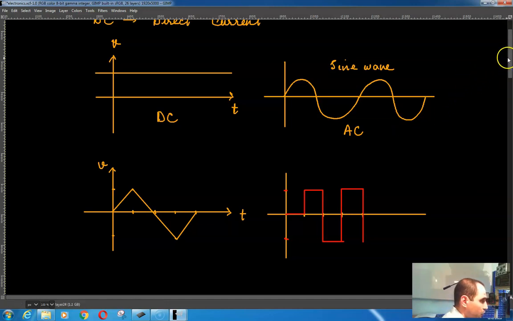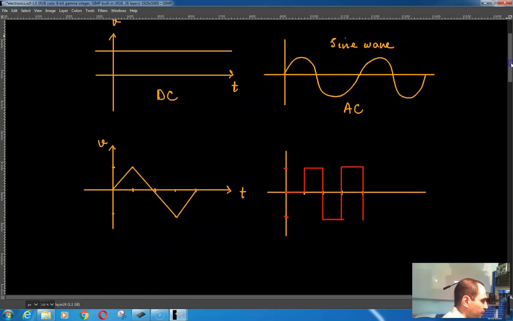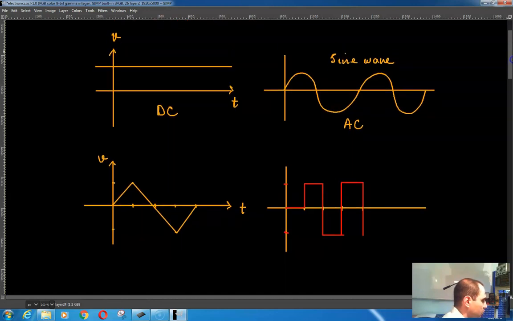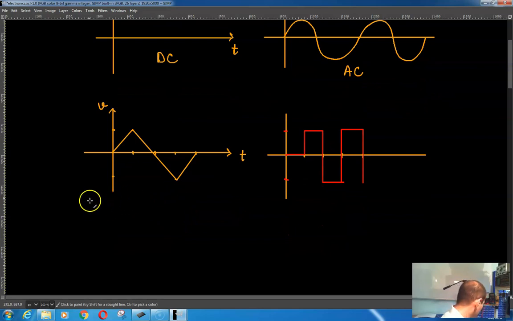Now the symbol that is used in order to represent an AC generator in circuits is this symbol over here. This is used in the schematic. This is an AC generator, and I'll show you all of these once we get through the theory.